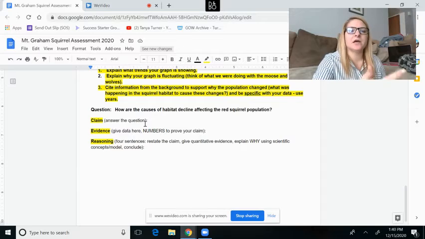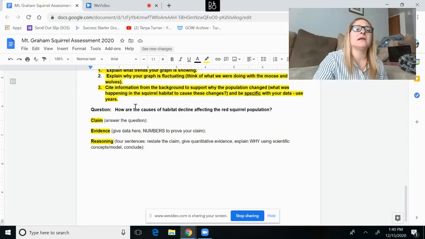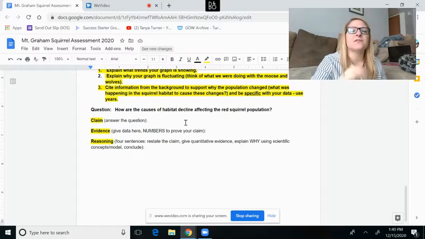So I gave you guys some leading, guiding questions or thoughts. So your question again is, how are the causes of habitat decline affecting the red squirrel population? So your claim must answer the question. Don't just tell me there was a fire. That does not answer my question. The question is, how are the causes of habitat decline affecting the squirrel population?